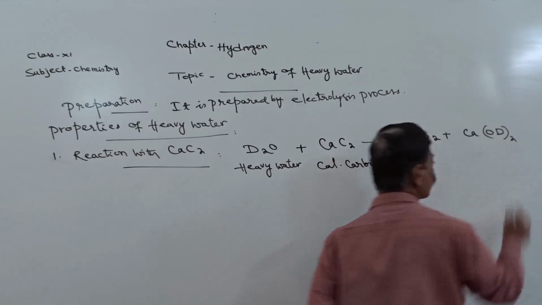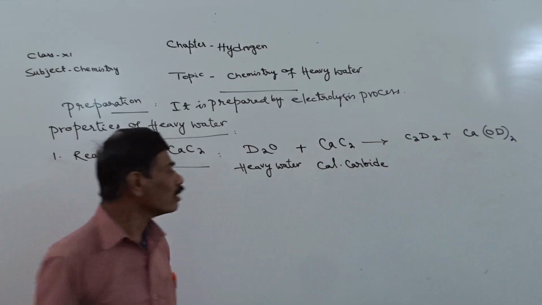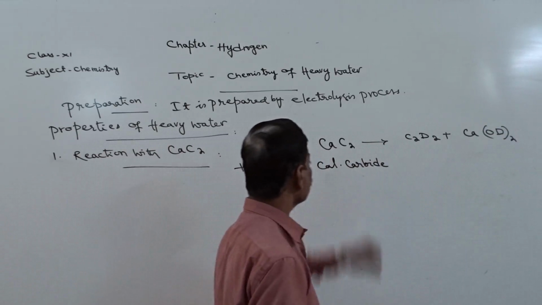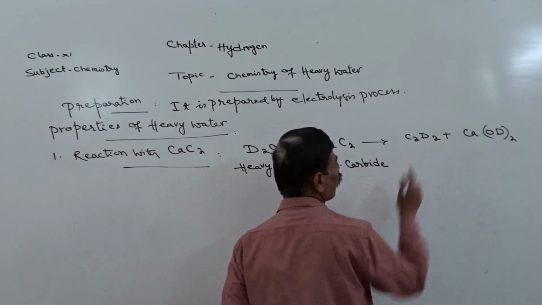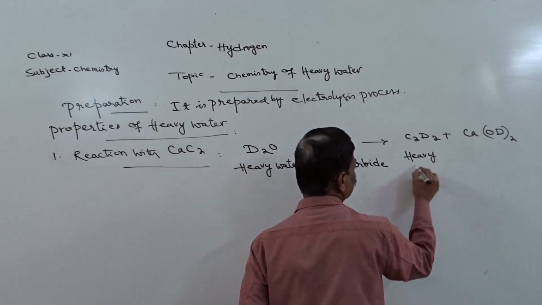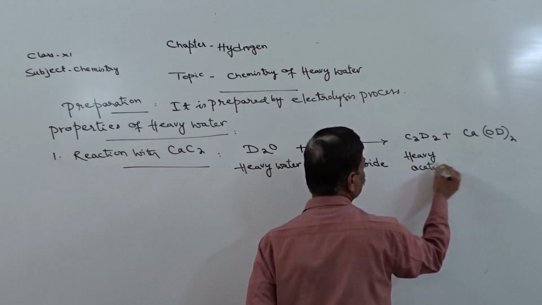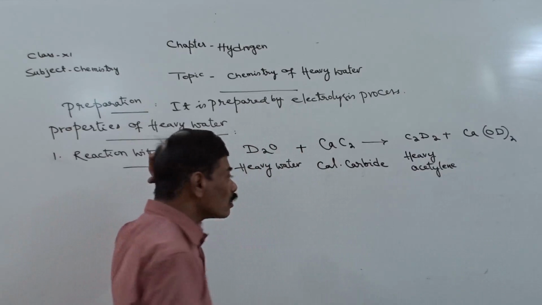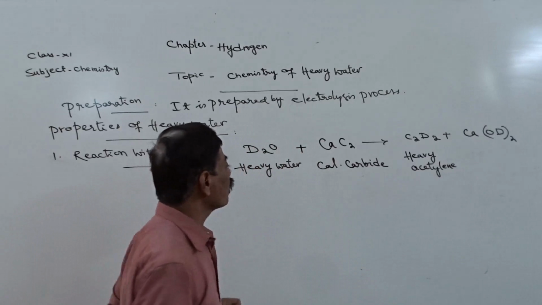This is similar to CaOH twice, right? So here C2D2 is known as heavy acetylene. Heavy acetylene. This is similar to C2H2, right? So this is heavy acetylene.